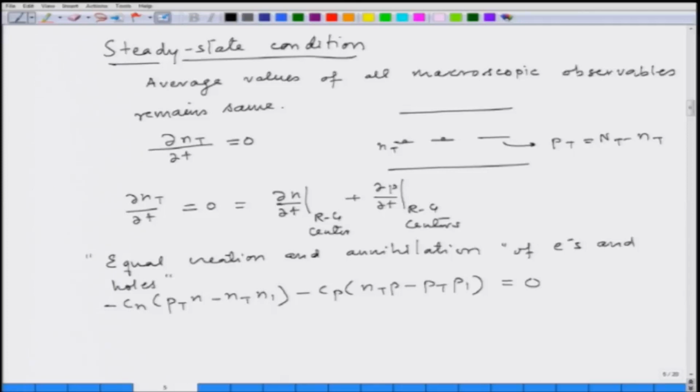Basically, I am trying to get an expression in terms of n of t. So, n of t is here, I can take that out.